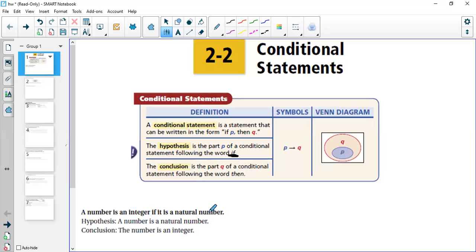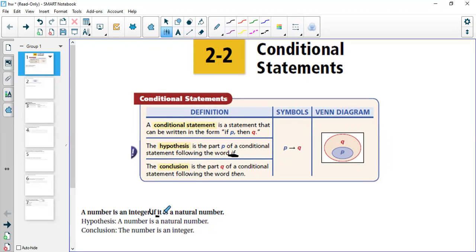If you just write if it is, nobody will understand what it is. So instead of saying it, we say a number, because the sentence talks about numbers. So a number is a natural number. This is where your hypothesis starts. We replace the it with what the sentence is talking about.